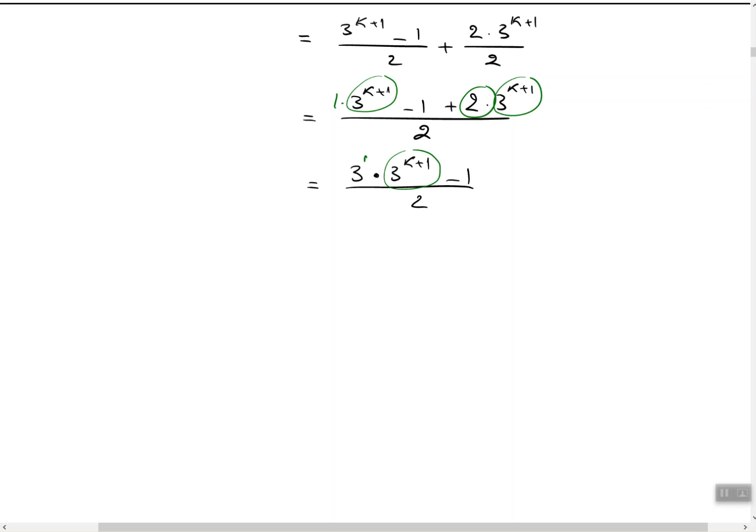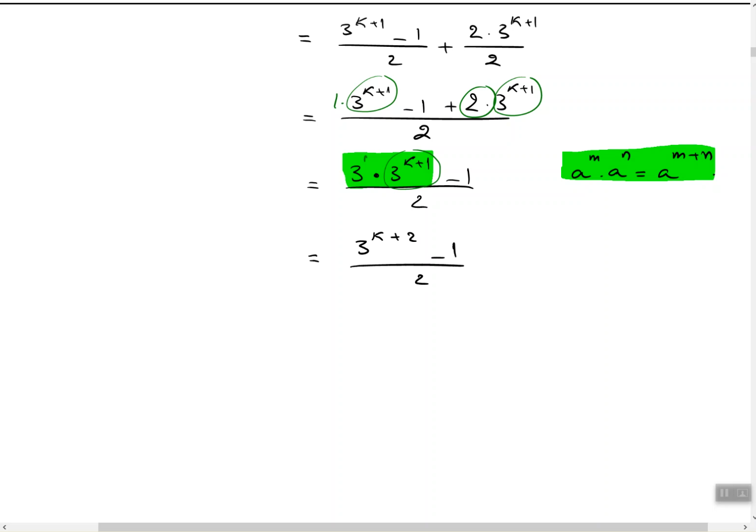Since they both have the same base, we can use exponent rules. The exponent rule that I'm going to use says if you have a to the m times a to the n, then you combine them by addition. Since I have the same base 3, I'm going to use that exponent rule to put the two things together and turn it into 3 to the power of k plus 2 minus 1, all divided by 2.